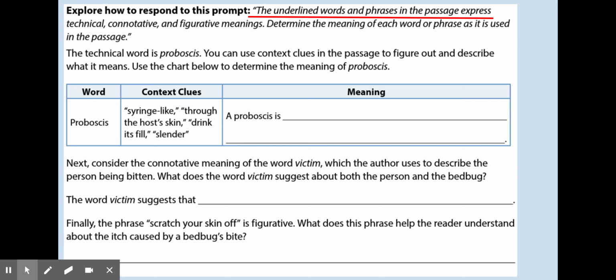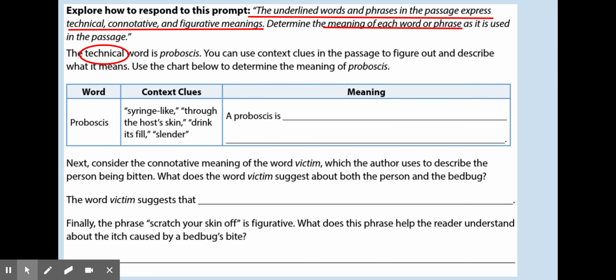It's telling us to look at the underlined words and phrases in the passage. Well, we had three: proboscis, victim, and scratch your skin off. And each one has a very technical, connotative, or figurative way that the author is using those words. So we're going to determine the meaning of each word or phrase as it's used in the passage. So for the technical, we're going to circle technical, maybe.